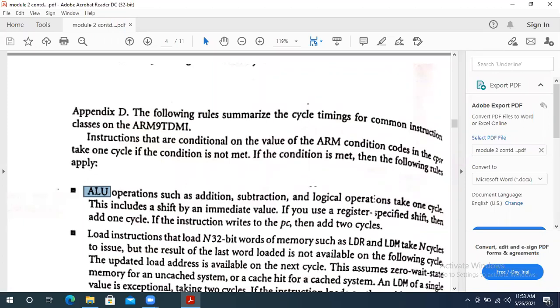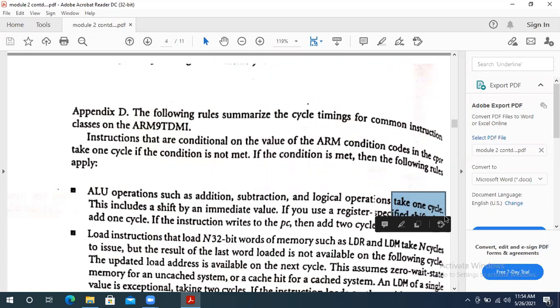I think we have already seen logical operators, that is AND gate, OR gate, NOT gate. Those come under logical. If you are executing these types of instructions, it takes one cycle. This is very important to know: for ALU, addition, subtraction and logical instructions take one cycle of time to execute. Is it clear to all of you?